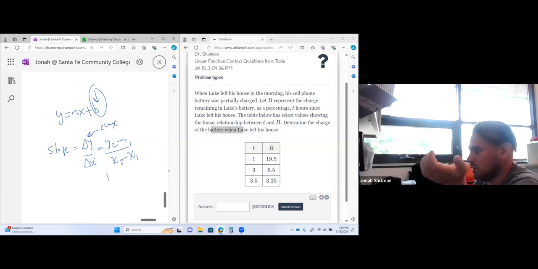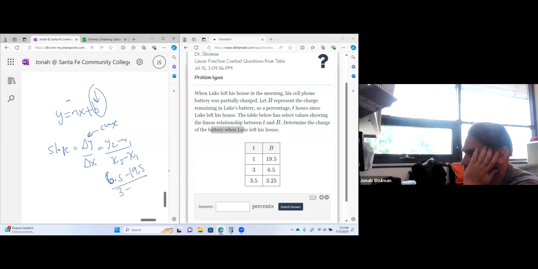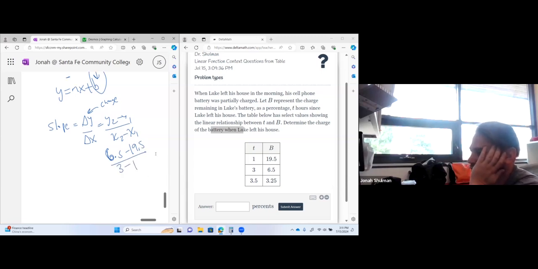Because it's going down, we know the slope has to be negative. 6.5 minus 19.5 over 3 minus 1. Well, 6.5 minus 19.5, that's just a whopping negative 13 over 2, which is going to be a negative 6.5. So we have the slope.